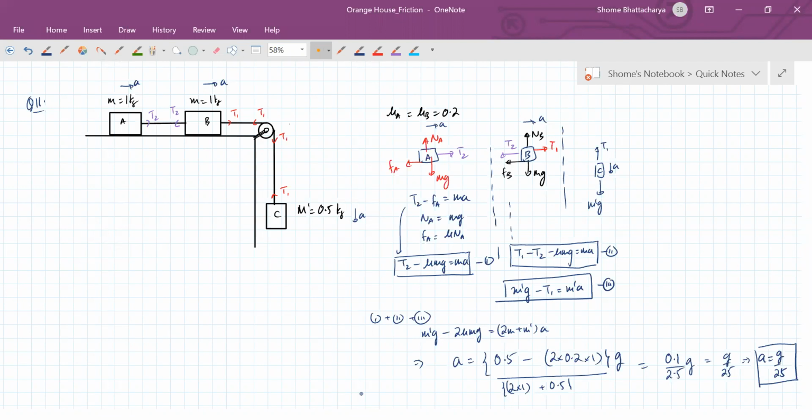And then you can substitute a back in the equations to get T1 and T2. So substitute this a in equation 1. From equation 1, T2 will become m into a plus mu g.